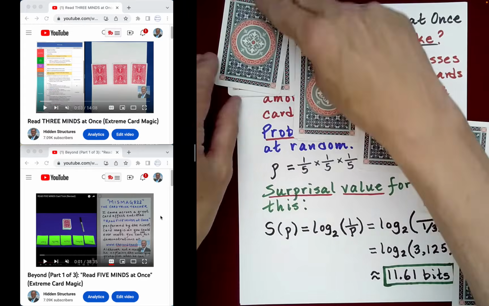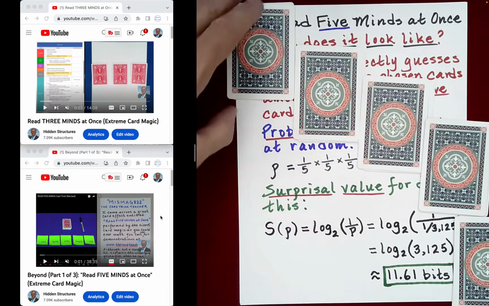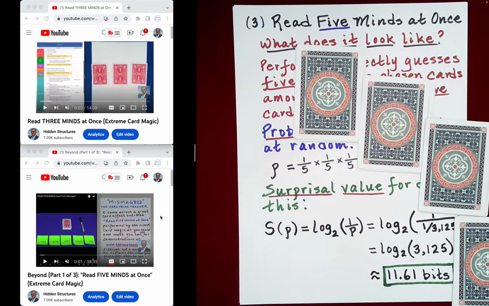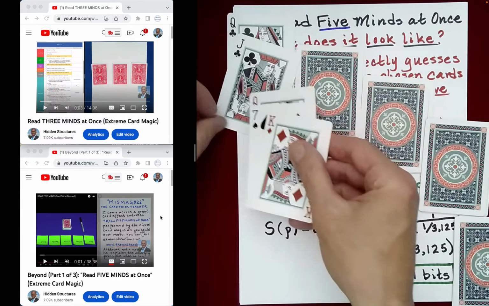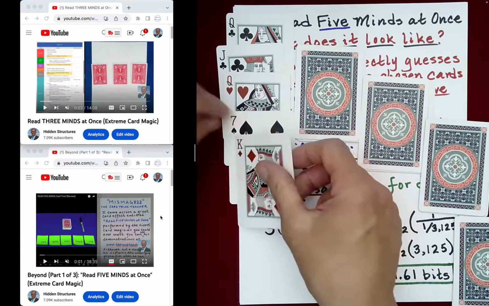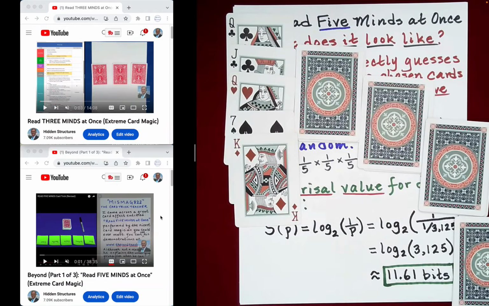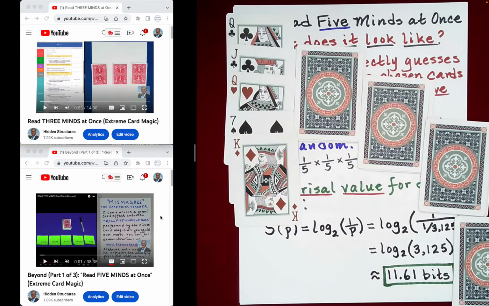Okay, so what would be done once again is this pile, the identities of the cards would be shown, and the spectator notes one on a piece of paper, preferably. Now, what is nice is if you happen to have 5 spectators or more, you can assign 1 pile to 1 spectator. And so that way they only have 1 card to remember.